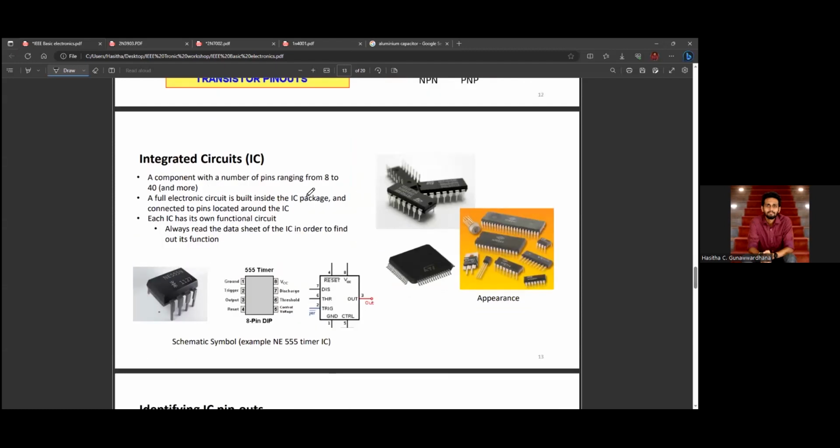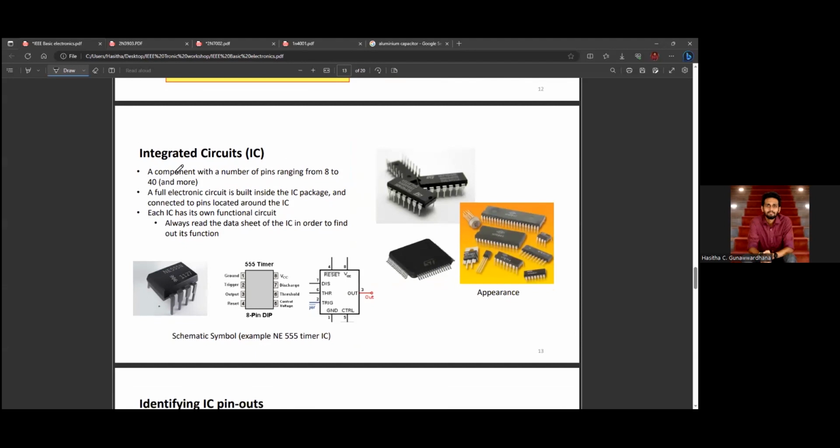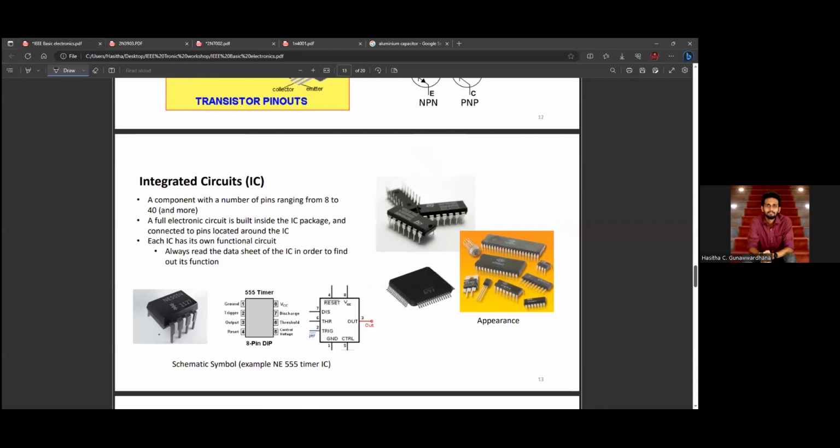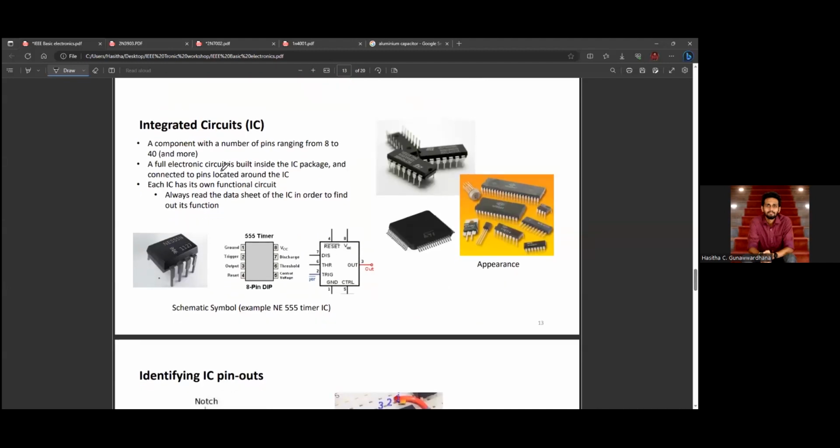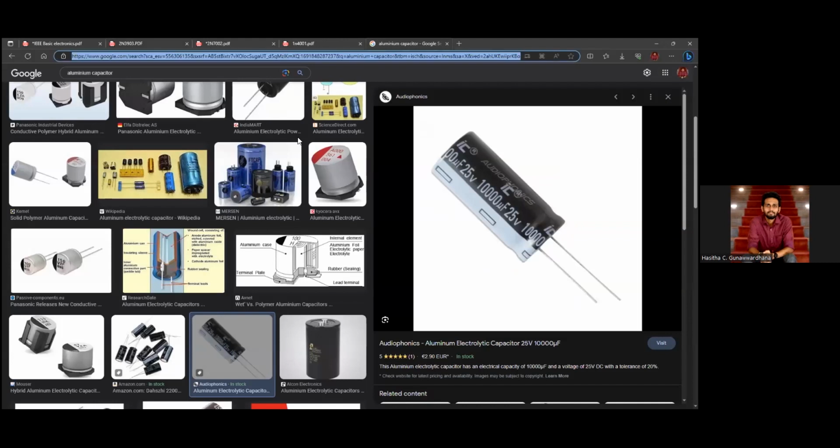Then we'll go to the final component, I think. The integrated circuit. An integrated circuit is simply a circuit which is made inside a silicon chip. If you get an IC and somehow remove this black housing, this black casing, you will get something like this.